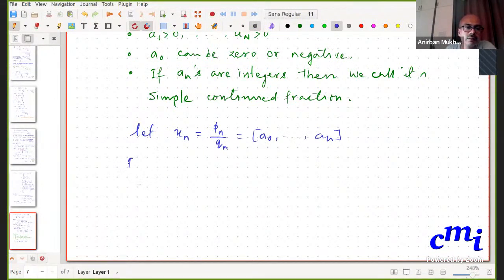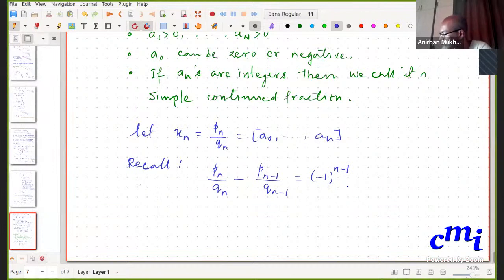We recall these two things that we have already shown: p_n by q_n minus p_{n-1} by q_{n-1} is going to be (-1)^(n-1)... no, we don't really need this, I need the other one.